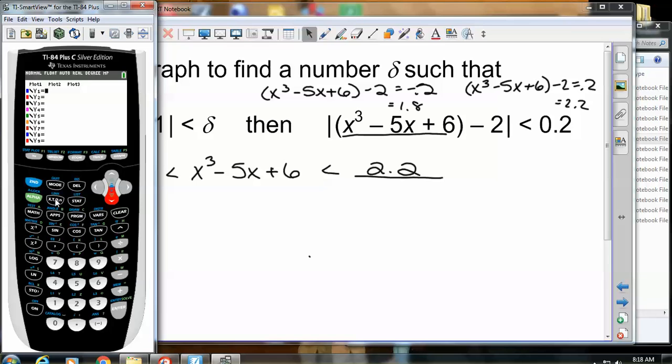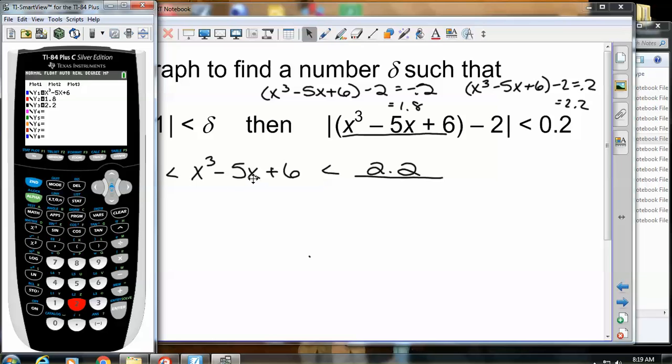Okay, I'm going to type in this function, x to the third minus 5x plus 6. And I'm going to do the 1.8 and 2.2 as 2 other functions, so it'll graph those lines for me.